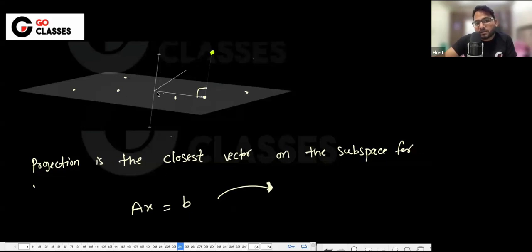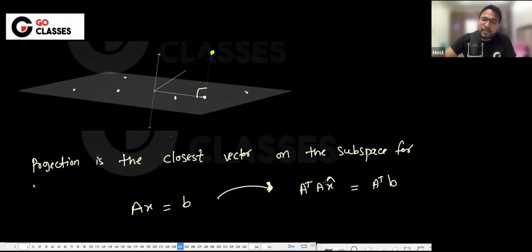The projection is p, which is A x cap. So basically, instead of solving for Ax equal to b, I will be solving for this.